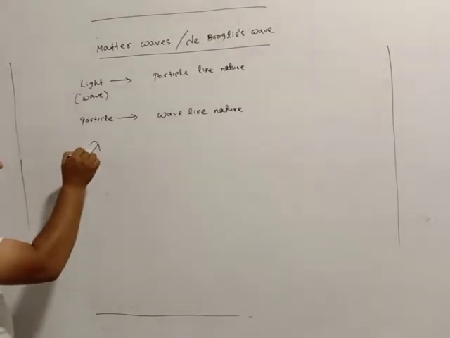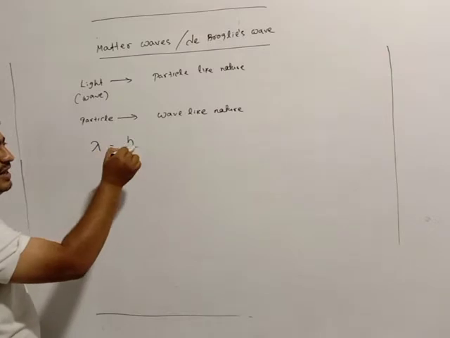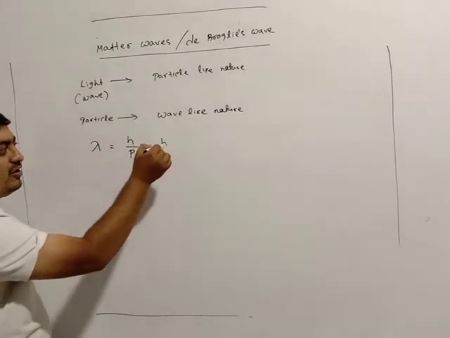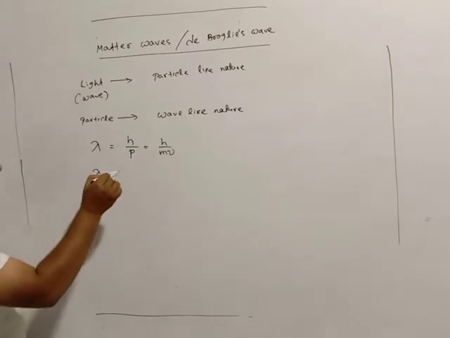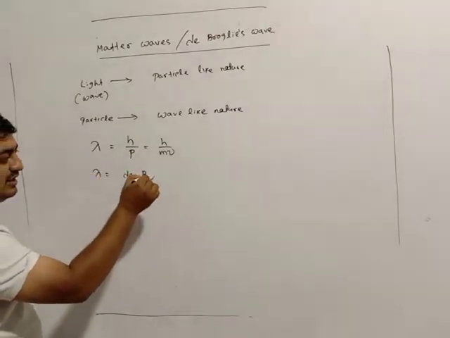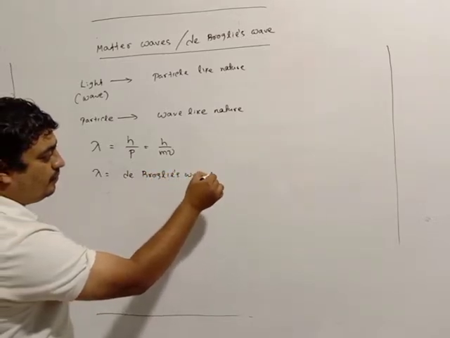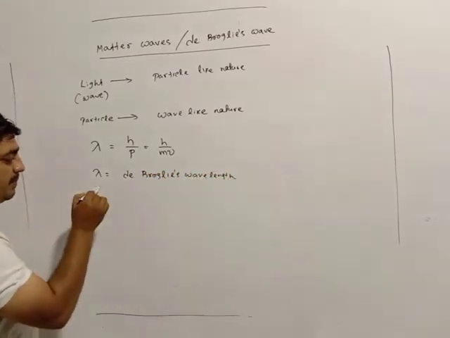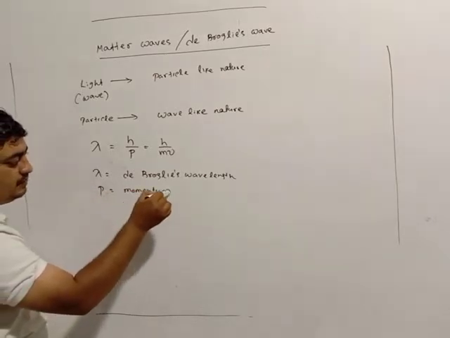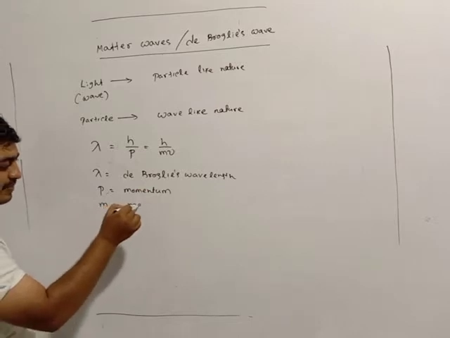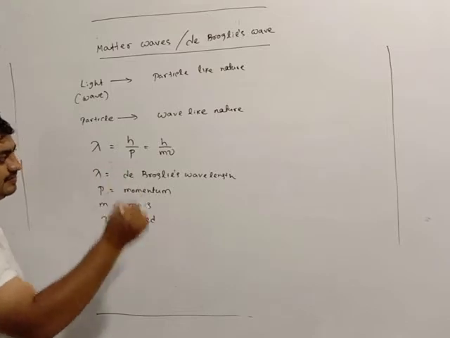Now, the wavelength of de Broglie wave is given by lambda equal to h by p equal to h by mv, where lambda is the de Broglie wavelength, p is the momentum of the particle, m is the mass of the particle, v is the speed of the particle.